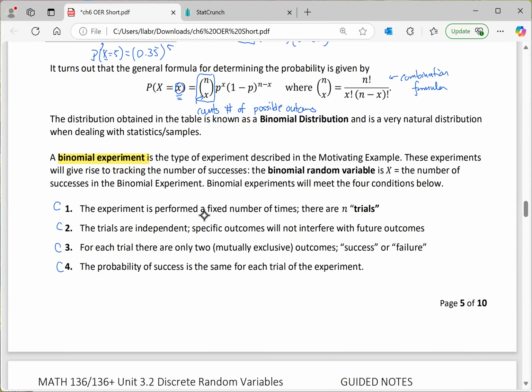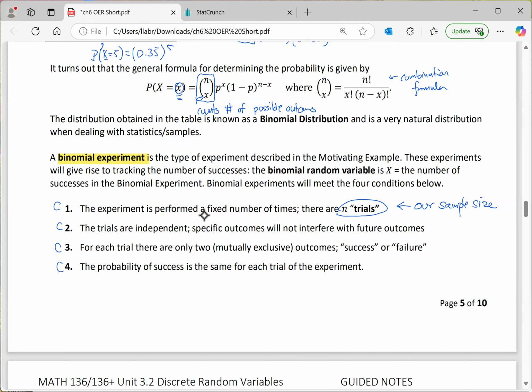And here, the trials are very easy because it's simply our sample size. So if you pick, let's say, 4 rocks at random, and you're going to analyze whether you find some kind of mineral deposit on that rock, then your sample size is 4. You're looking for mineral deposits 4 times. So condition 1 would be met.